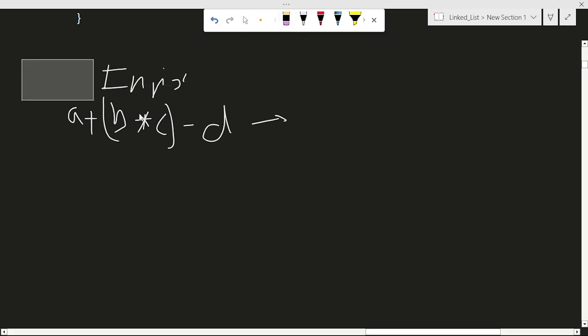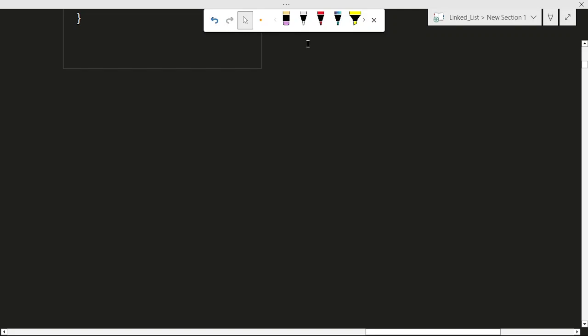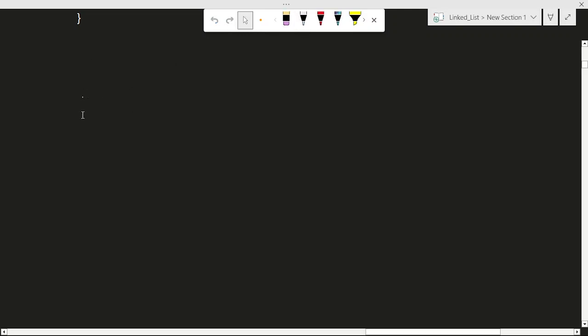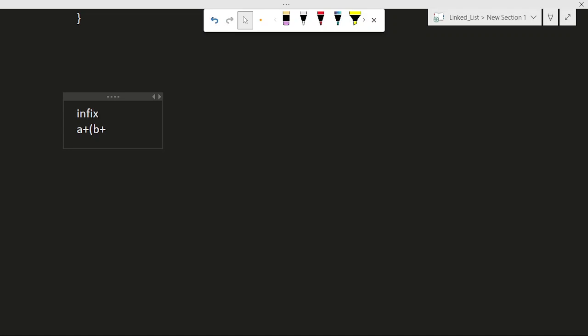So the expression that I am dealing with, this infix expression, is a plus b multiplied by c, then again I will take minus d, then again plus e.